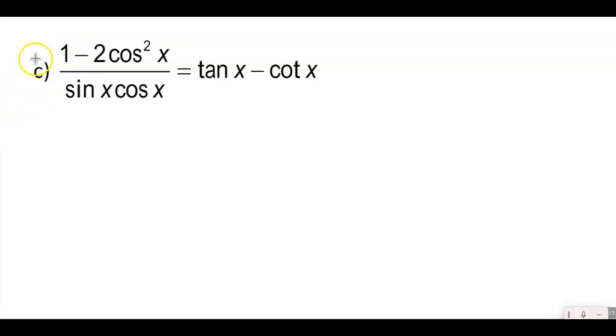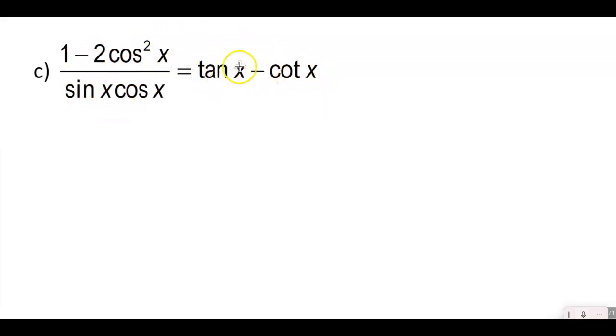So keep that in mind. If you're getting stuck, what you're getting stuck on probably has to do with what you can do with fractions. All right, so here what we're going to do, and there's a couple ways of doing this. You can say, well, can I simplify this left-hand side and try to get it to equal this?